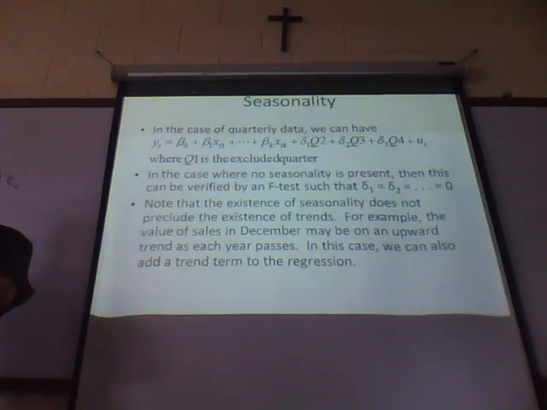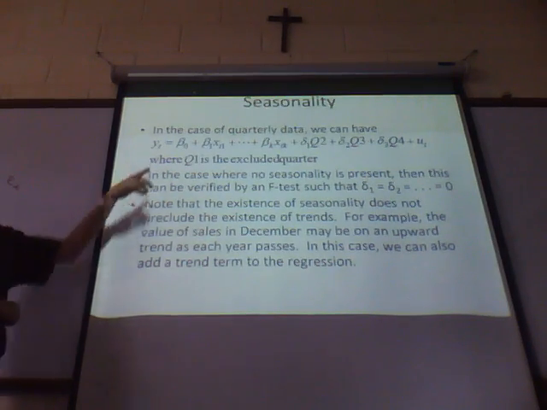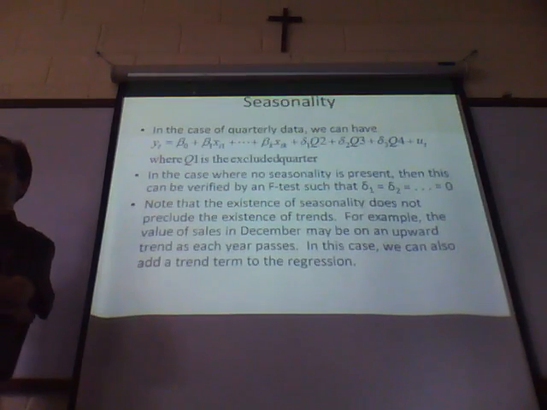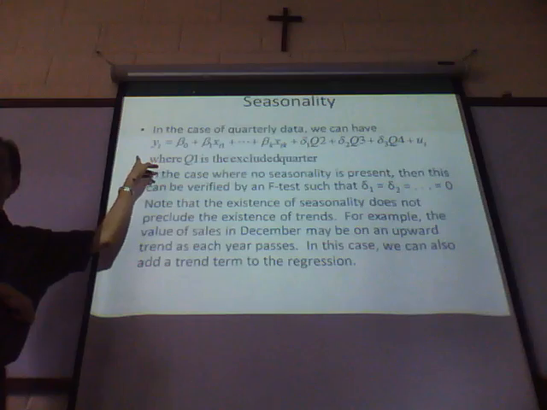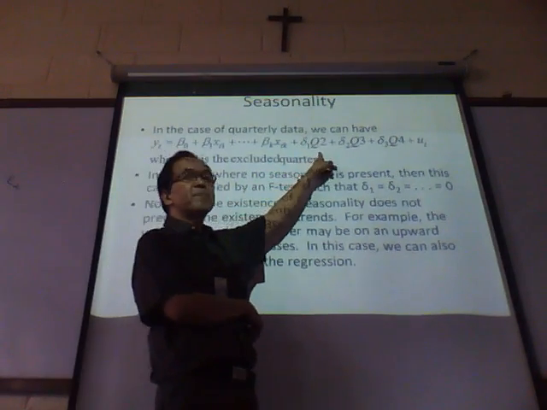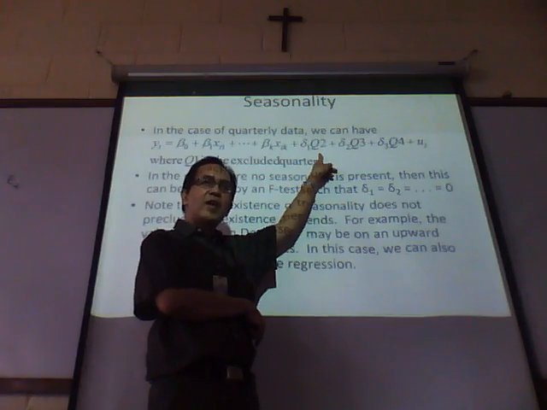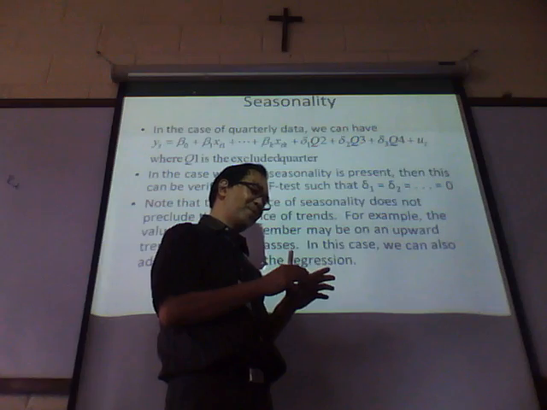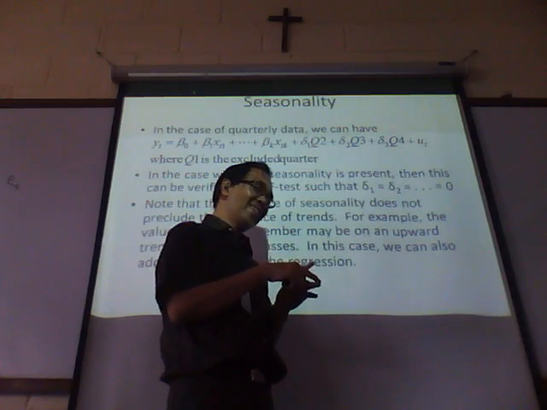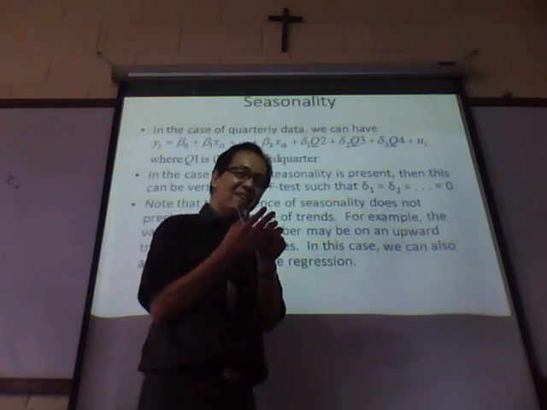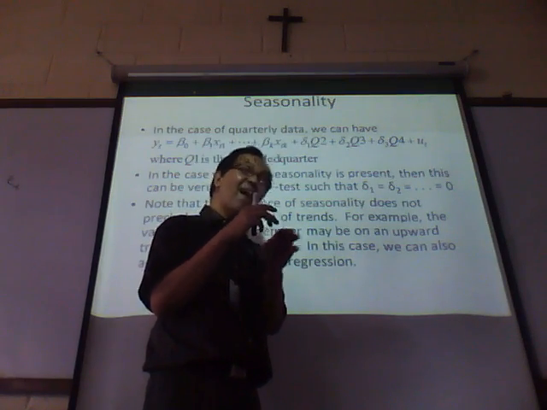Okay, let's see. If this is sales in September, okay, pop quiz. If this is sales in September, what is the value of this? 0 or 1? 0. Yeah, I'm counting where September is, right? Okay.